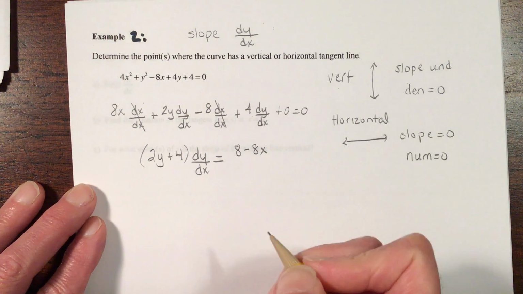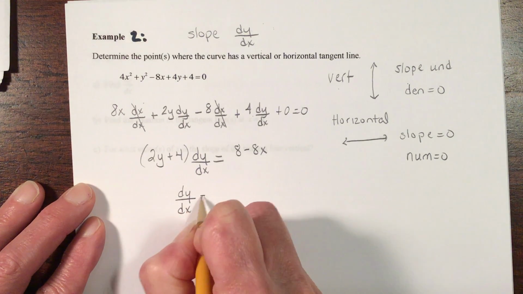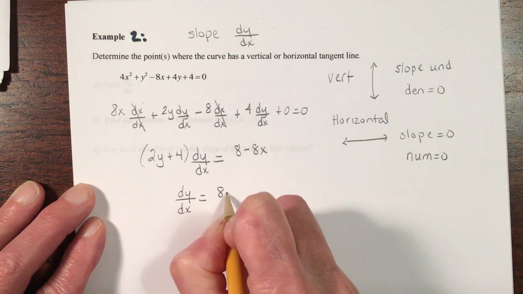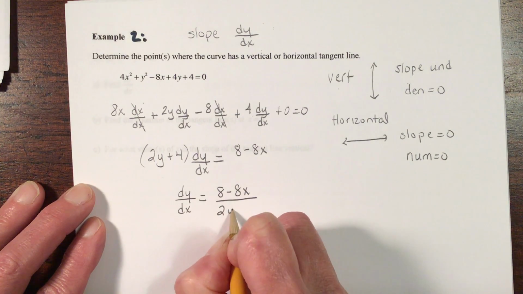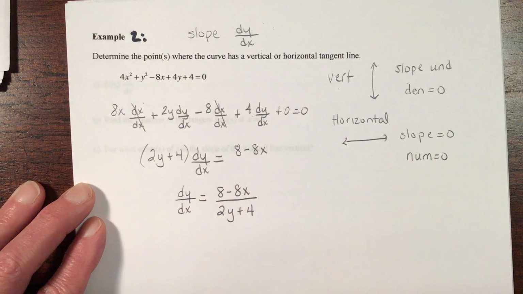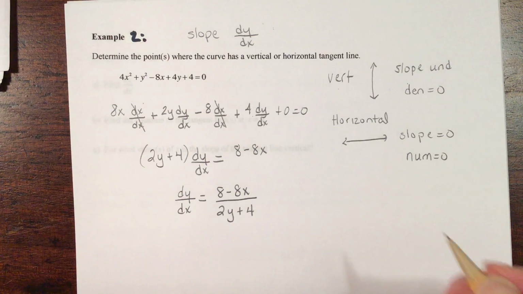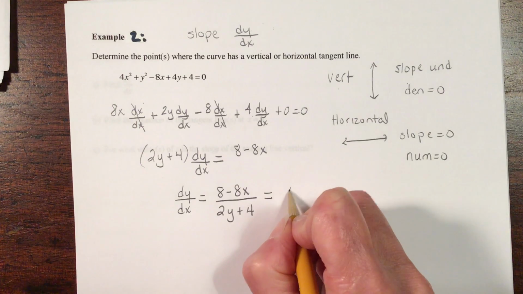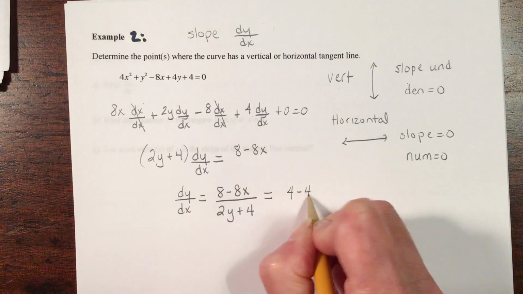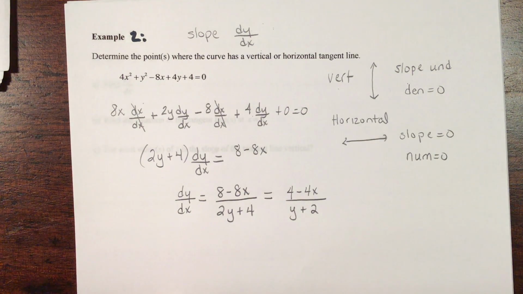So the rule for the derivative of this function, dy/dx, is going to be 8 minus 8x over 2y plus 4. You can leave it just like it is, or if you want to simplify it, that's fine. If you notice, everything here is divisible by 2, so I can divide everything by 2 and make things a little bit easier to work with if I have to evaluate. But that's not totally necessary.